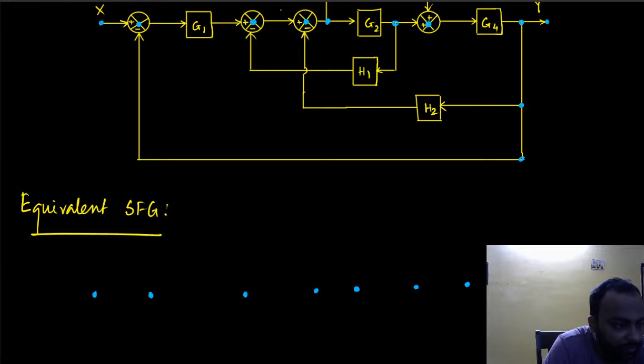All right. So now I'm drawing slightly quickly. Okay. So we have one connection from here to here, and that is 1. From here to here, I have G1. If you understood the previous one, drawing this one won't be difficult.